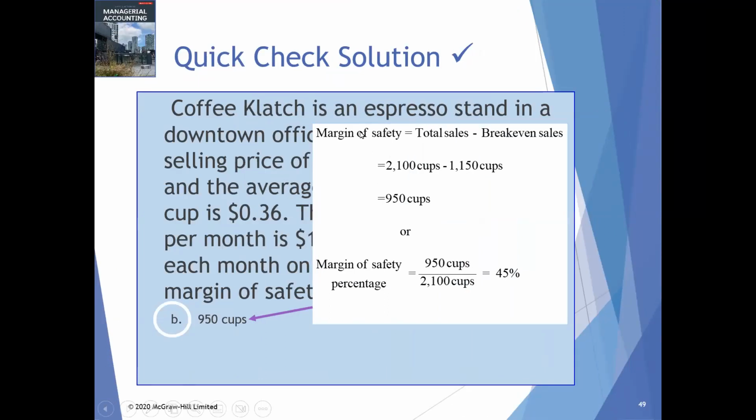We have this answer. Margin of safety is equal to total sale, 2100, minus 1150. So how has the 1150 come? The break even sale, which we know, the fixed expenses is 1300, divided by 1.49 minus 0.36, right? So then we will know that 1150 has come. So 950 cups, that is the margin of safety.